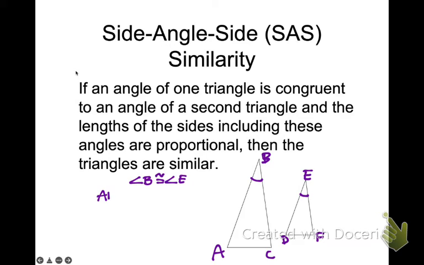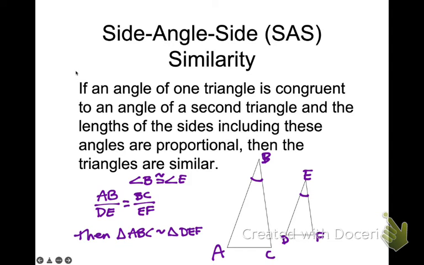So AB would have to be proportional with DE on the other side. It would have to be equal to the other side that includes angle B, which would be BC over EF. So if this over this is equal to this over this, and I have an included angle, then they could be similar. So then triangle ABC is similar to triangle DEF.